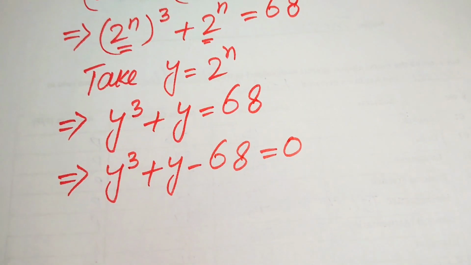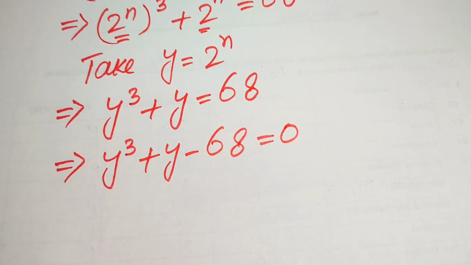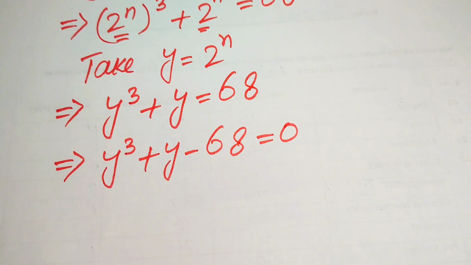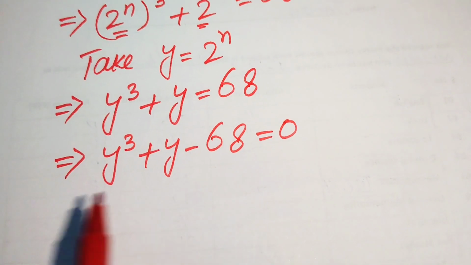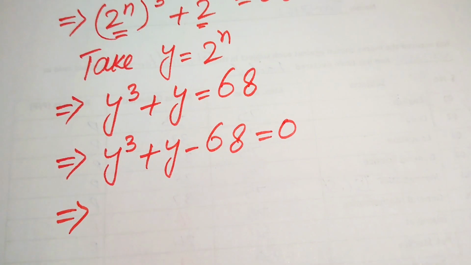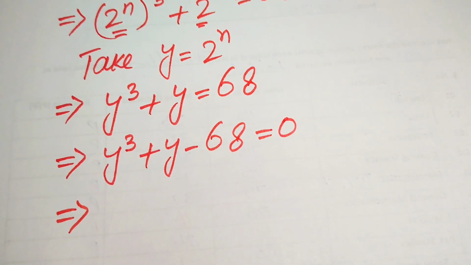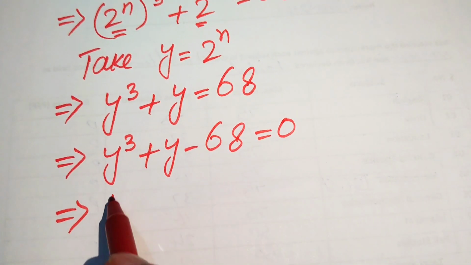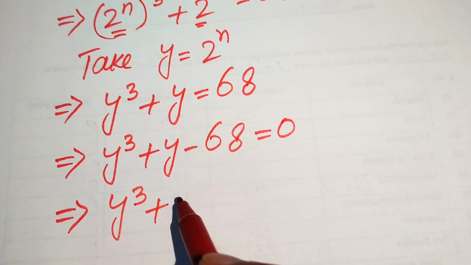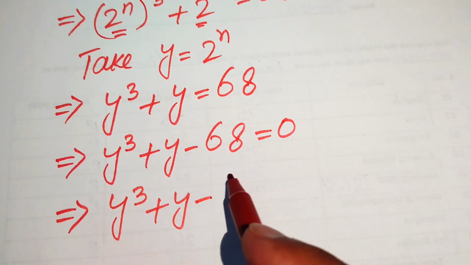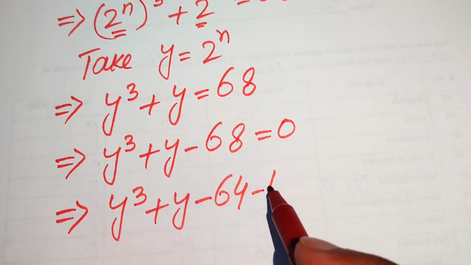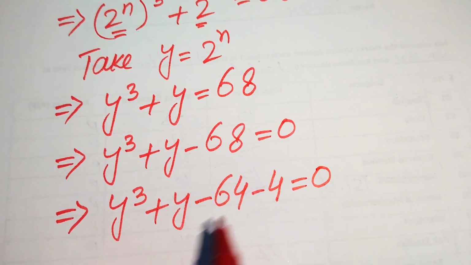And now in the next step, we need to solve this cubic equation. We have many methods to solve it, so here we break up this minus 68 and use the cubic formula in order to solve this problem. So we rewrite this as y cubed plus y minus 64 minus 4 equals 0.